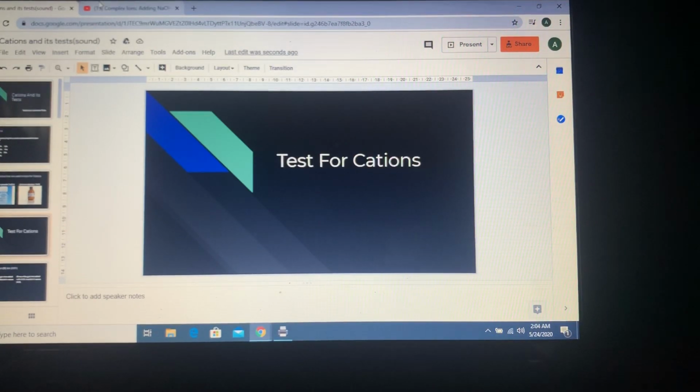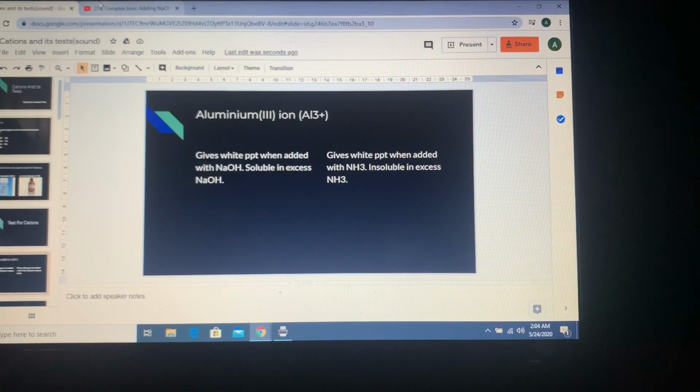So we will now begin to see the test for cations. First of all, to identify the Al3+ cation, when you add a solution containing Al3+ with aqueous sodium hydroxide, NaOH, you will see a white PPT, and when you add an excess amount of aqueous NaOH, it will be soluble.